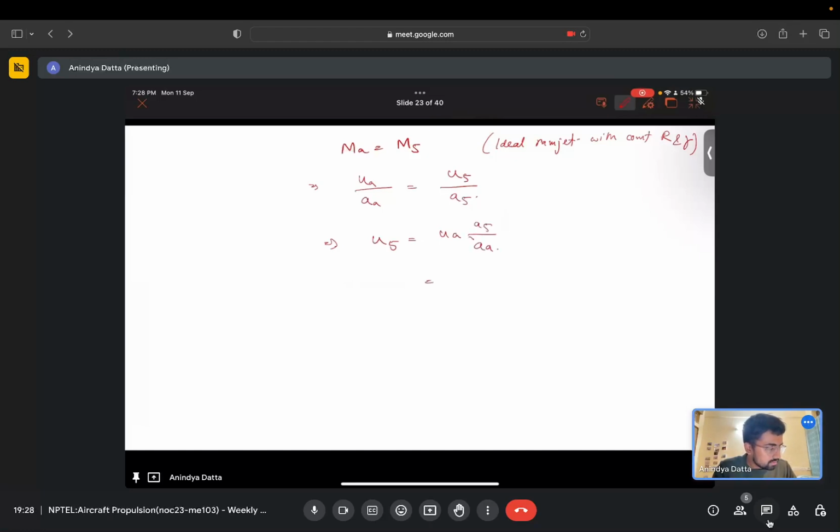The speed of sound A5 is the square root of gamma R T5, and AA is the square root of gamma R TA. So what we get is U5 is equal to UA times square root of T5 by TA. Is it clear till this point?